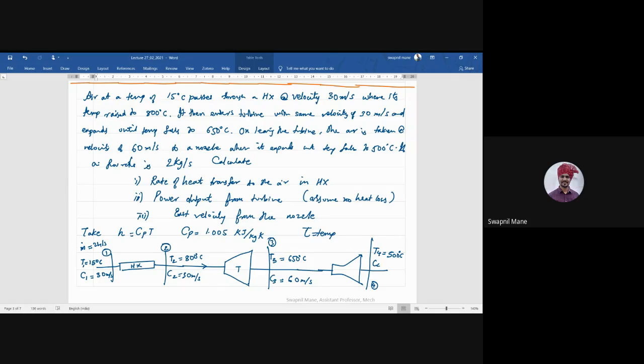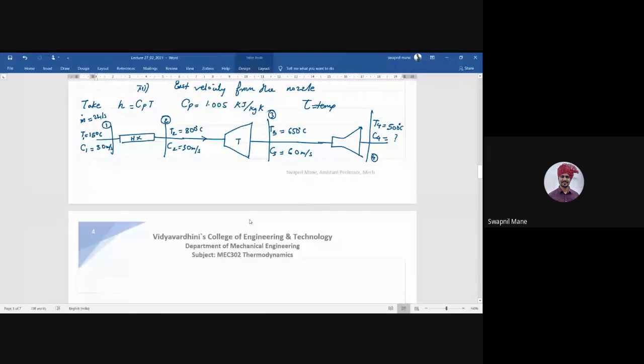And what about C4? What is the exit velocity of the nozzle? That we have to find out. Yes or no? Right? So this is equal to question mark. Now, one by one we will solve.